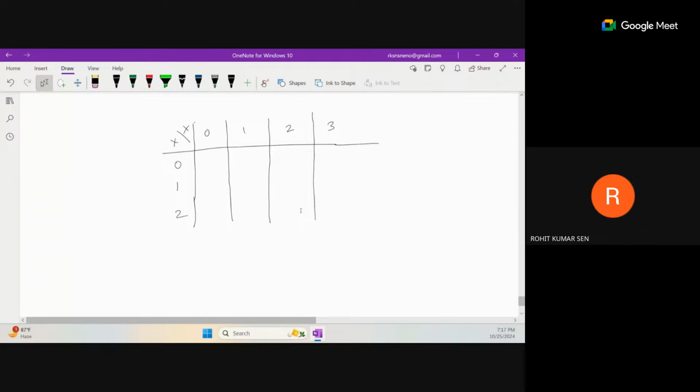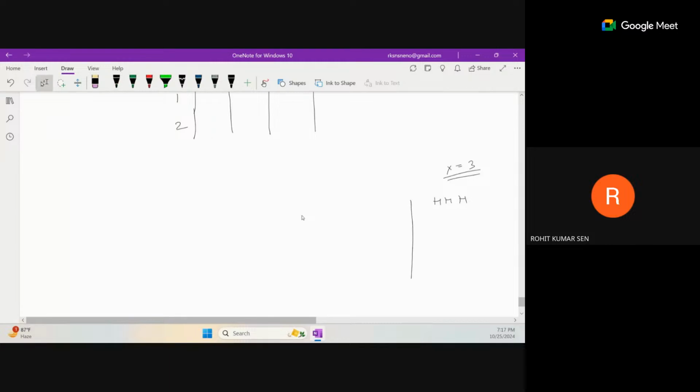Okay. So the first case that I will take is the number of heads is 3. X = 3. If you see, this is the case when my X is equal to 3, I have 3 heads.